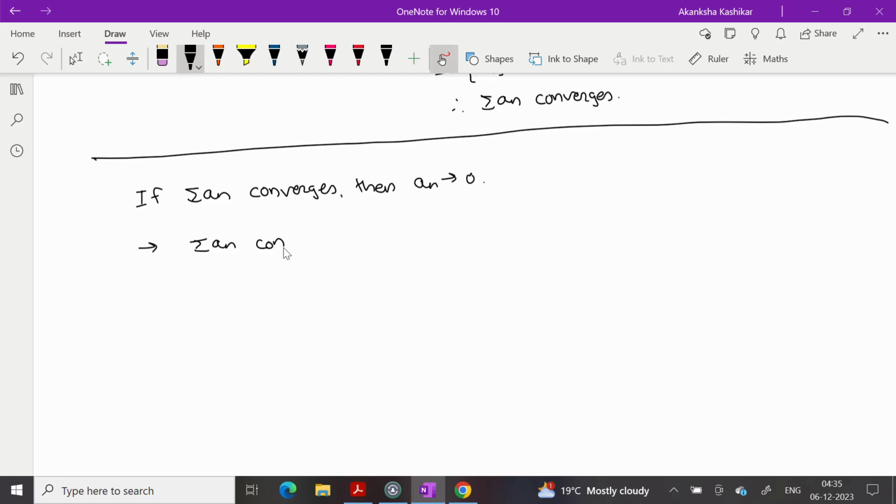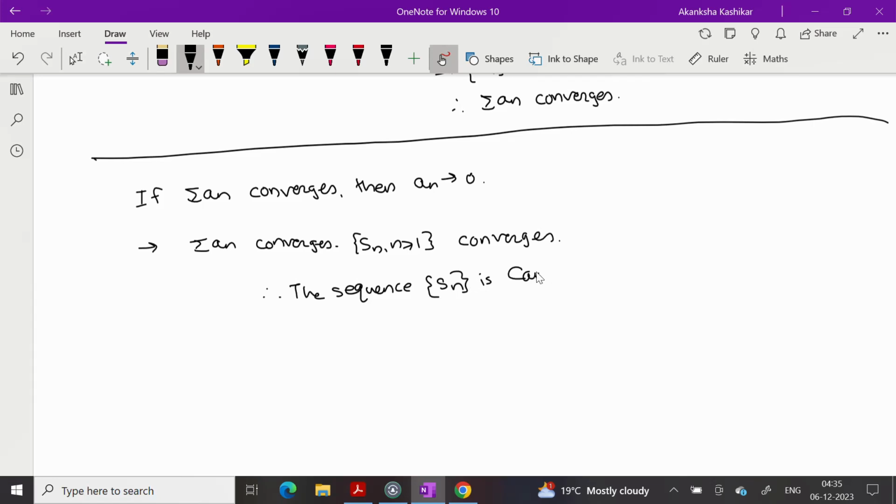This implies the corresponding sequence of partial sums converges, therefore the sequence Sn is Cauchy.